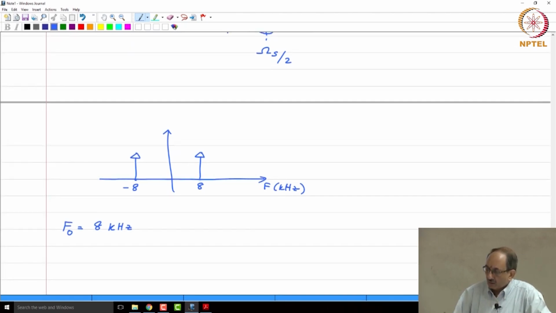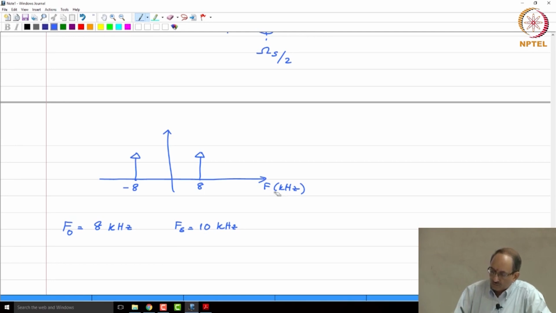So, this is my underlying sinusoid. Now, what I am going to do is sample it at 10 kilohertz, which means everything in the spectrum will be periodic and the periodicity will be Fs. In the omega domain it will be periodic with omega s, in the Fs domain it will be periodic in Fs. Therefore, everything will repeat after 10 kilohertz.